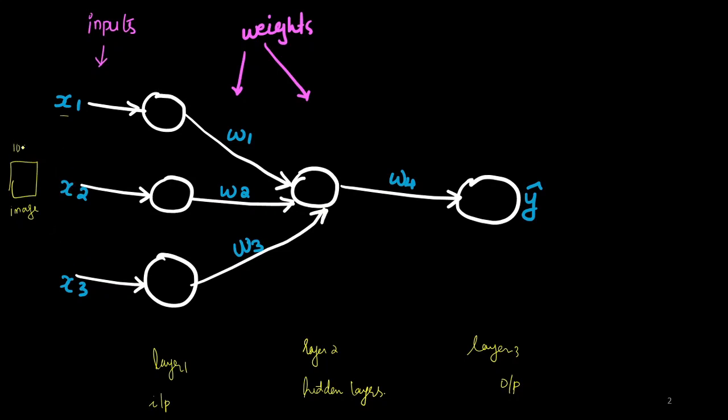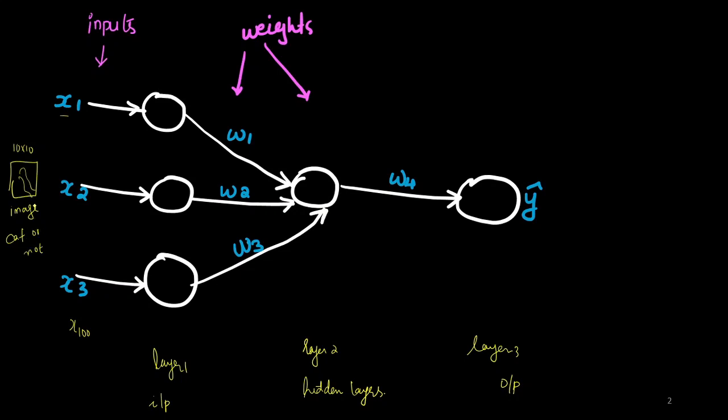If we have a 10 into 10 image, that is 100 pixels, then we will have x1, x2, x3 up to x100. That many inputs will be there to the network. Assume the purpose of the network is to find out whether the input image is a cat or not.